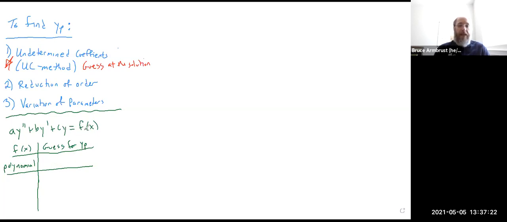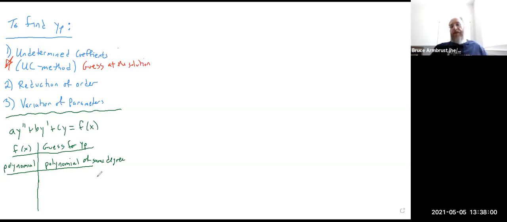If this thing is equal to a polynomial, we're going to guess a polynomial. Because if y is a polynomial, its derivative is a polynomial, and its second derivative is a polynomial. So there's definitely a high likelihood that if we take all those polynomials and add them together, we get a resulting polynomial. In terms of the degree, we're going to guess a polynomial of the same degree.